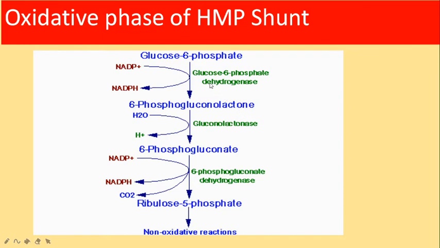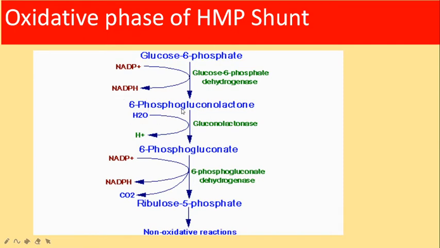It takes place with the help of the enzyme glucose 6-phosphate dehydrogenase, which is an NADP dependent enzyme. Here NADP plus will be converted into NADPH. It's the first step where NADPH is synthesized from HMP pathway.